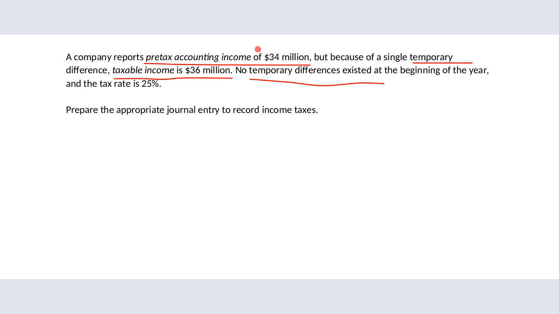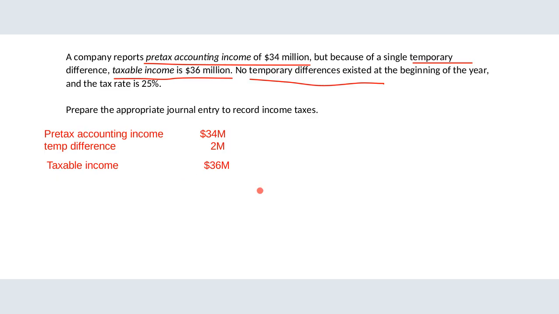So the difference between the two, I could do it the same way as I did the first one, where we had our pre-tax accounting income of 34 million. We had our temporary difference. In this case, we're adding 2 million to come out to our taxable income of 36 million.